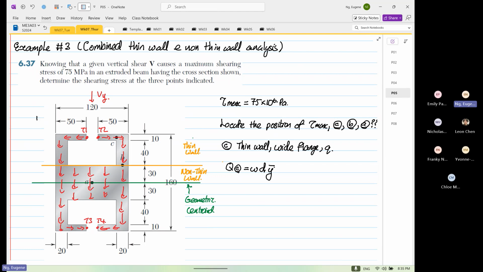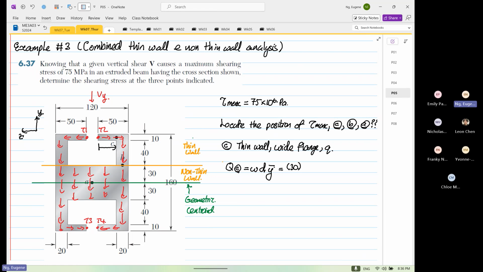So if I were to sketch our transformation, this is our y and this is our z. So the width, I'm going to deal everything in millimeters for now. So this problem, everything is in millimeters, okay? So what we have is the width is 30. Why here to here is 30?